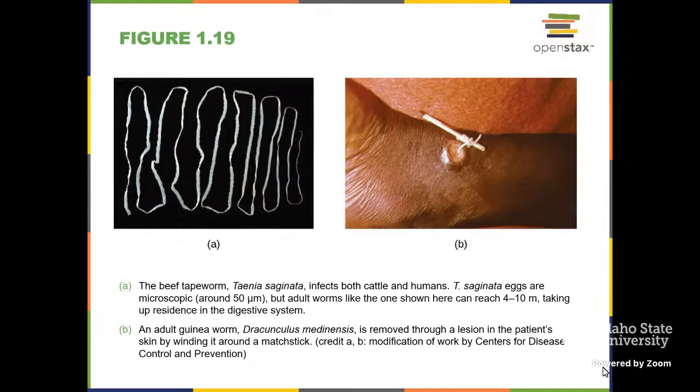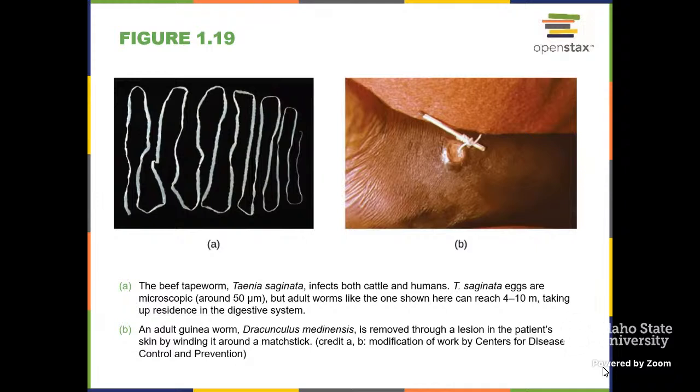And that in turn sets the stage for something to consume it, like a cow, that in turn encysts in its musculature, and the life cycle will be complete, all right? So one cyst that we ingest gives us a worm with the potential to produce millions of eggs, but you don't get millions of worms inside of you, all right? When it comes to the worms, we don't think of them as proliferating inside of us like that, all right?